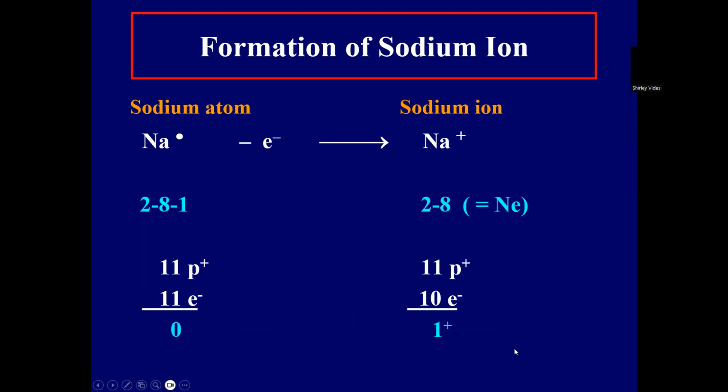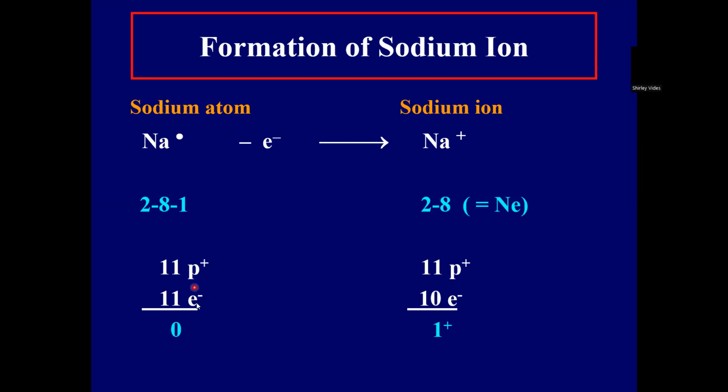So looking at that, let's look at why that is. You've got a sodium atom that is going to lose an electron, right? So you've got 2, 8, and 1. And the one that is going to be lost is always going to be your outer electron. But we're not yet losing it. So here's the atom, which has 11 protons and 11 electrons.